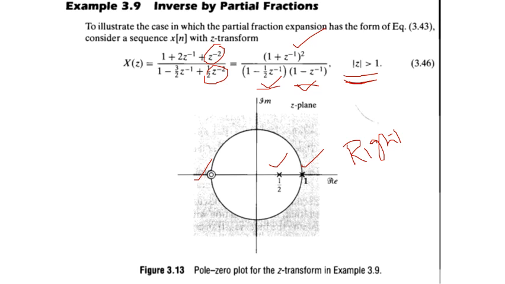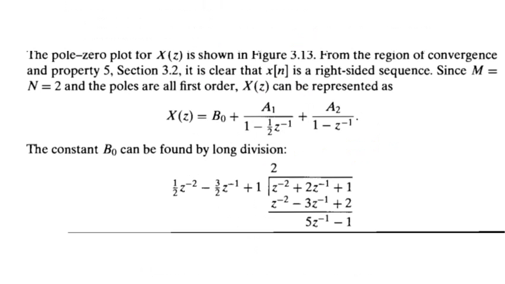So what we can do is apply long division. So let's see the next slide. Once we apply long division, what happens? We get one factor, we get two as the second factor, and this is the quotient portion that we get after division. So here we are doing the long division.